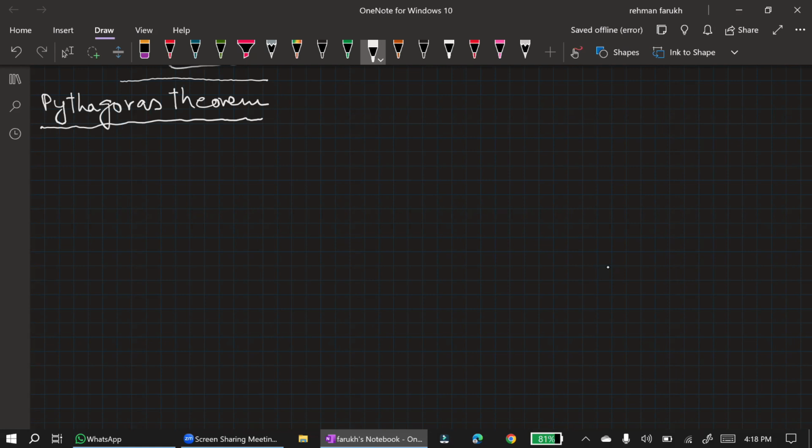We use Pythagoras theorem on the right angle triangle. Consider this triangle ABC. You can see that the angle B is 90 degree.